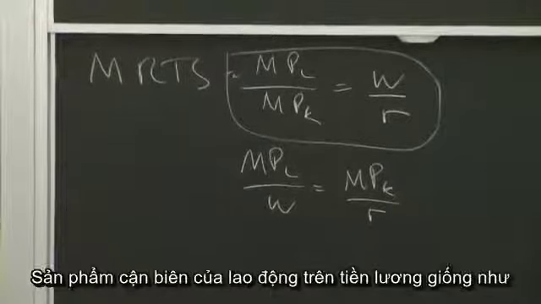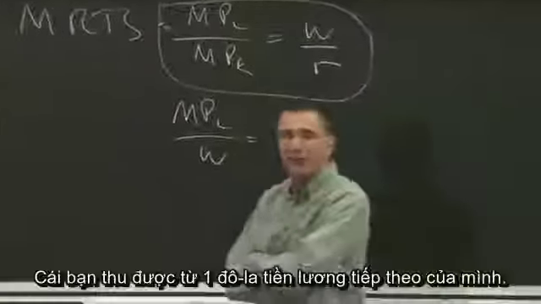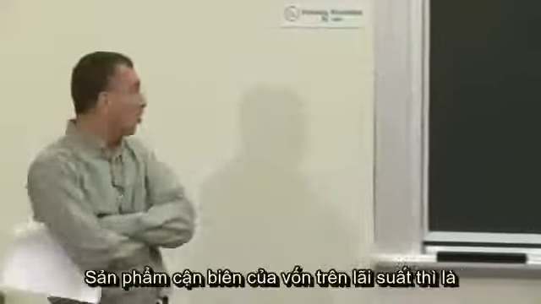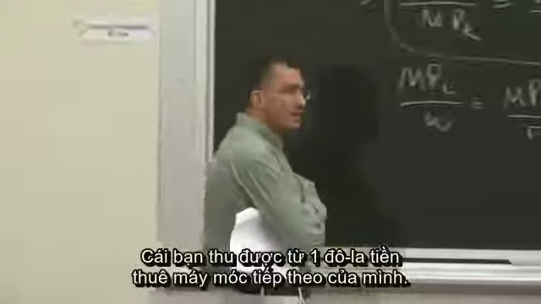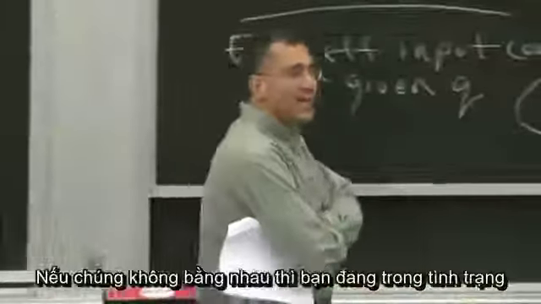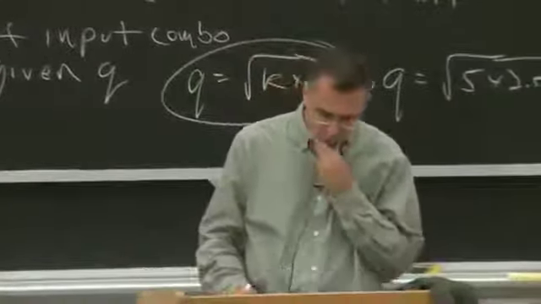The marginal product of labor over the wage is the bang for buck of workers. What are you getting for your next dollar of wage? The marginal product of capital over R is the bang for the buck of machines. What are you getting for your next dollar of rent? The efficient point is where these are equal. If they're not equal, then you have too much of one and not enough of the other.